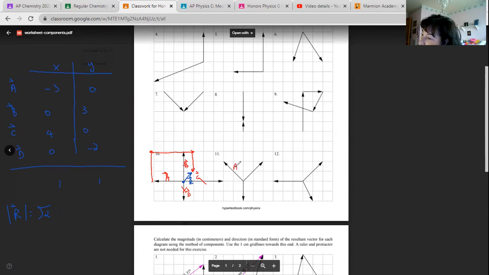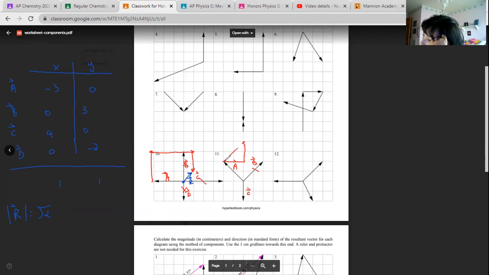Then second from last. This is A, this is B, and this is C. So here, let's say we're starting with A. So A is 2 west and 2 north. Then we have B. B says 2 east and 2 north.